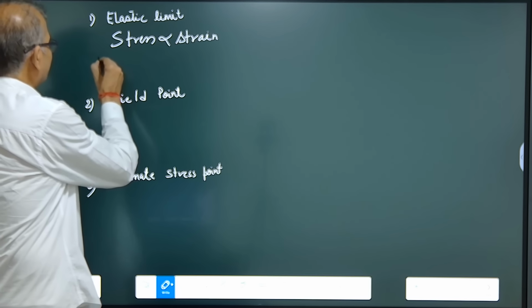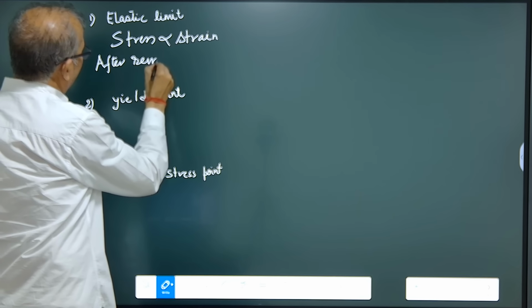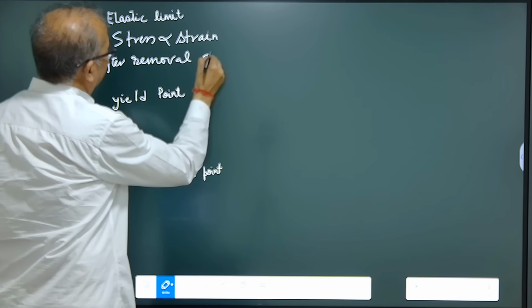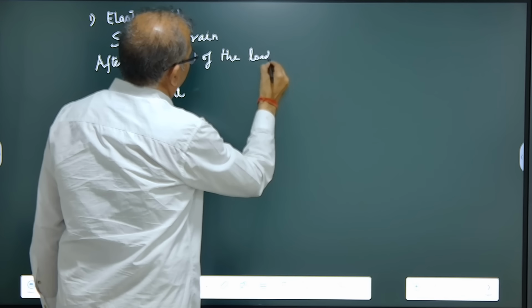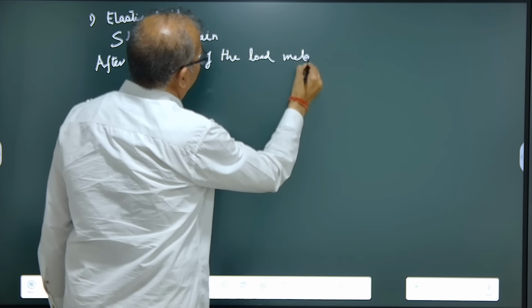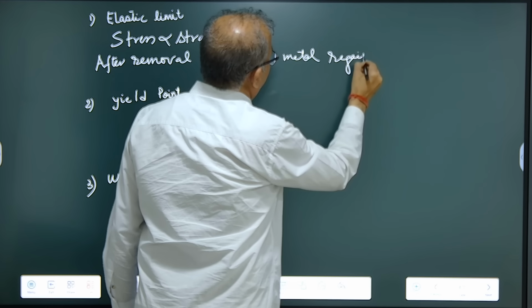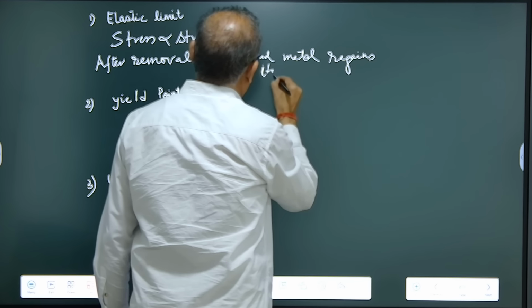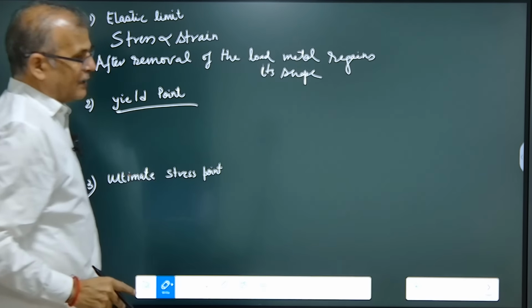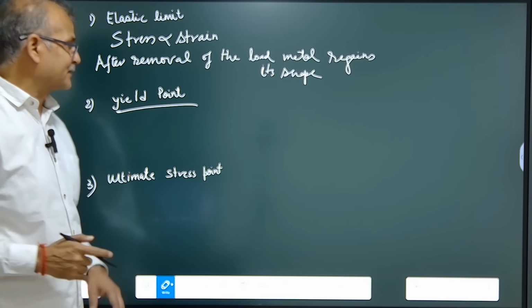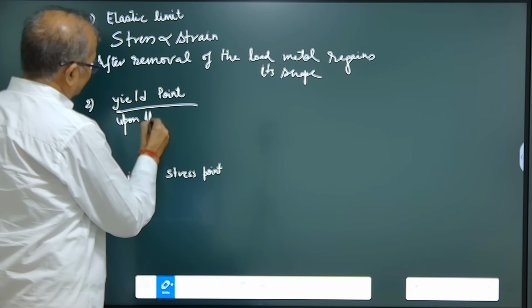The yield point is the point after which permanent deformation occurs upon application of load.